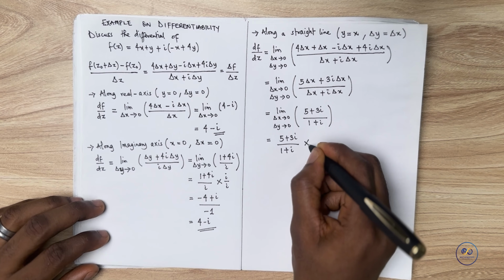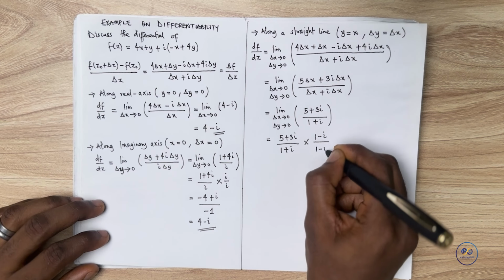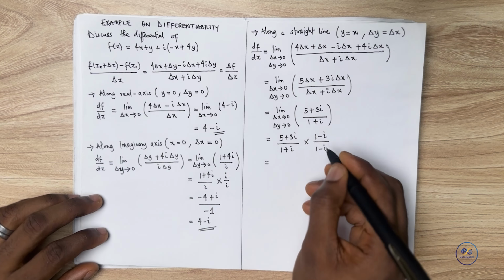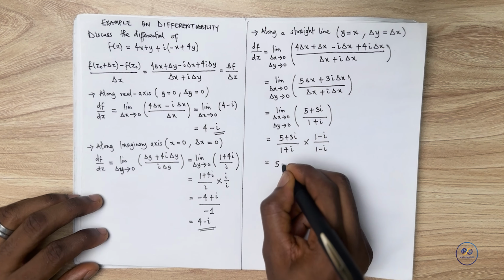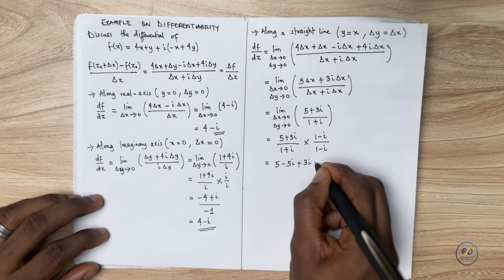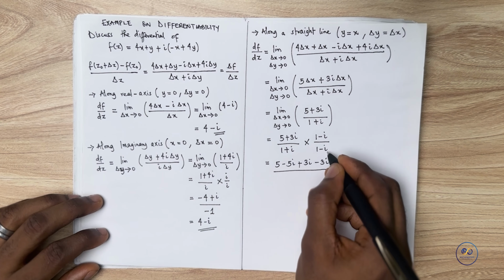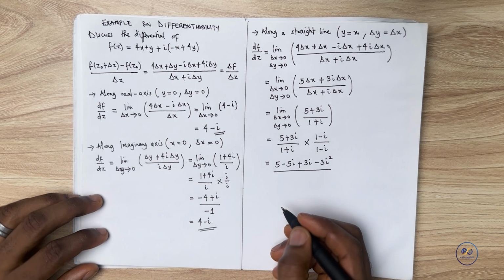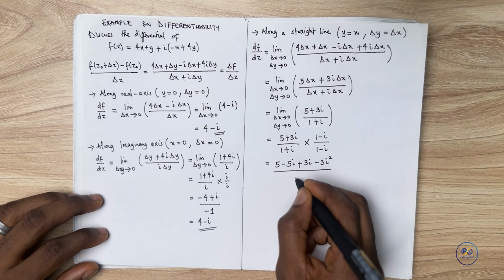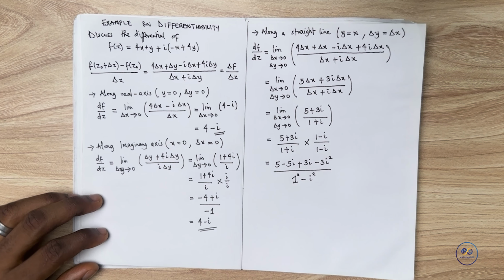So if we rationalize this by multiplying by its conjugate, we have 1 minus i divided by 1 minus i. Now, the multiplication of this on the top will give us 5 minus 5i plus 3i minus 3i squared. And then on the denominator, the multiplication of these two, which are conjugates, will give us a difference of two squares. So we're going to have that to be 1 squared minus i squared.